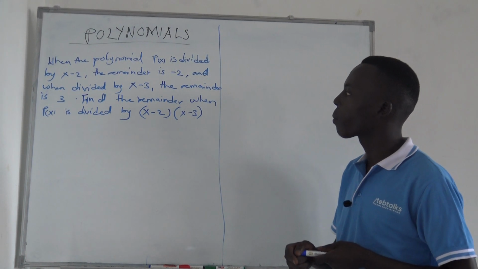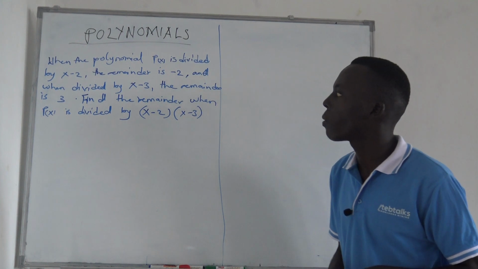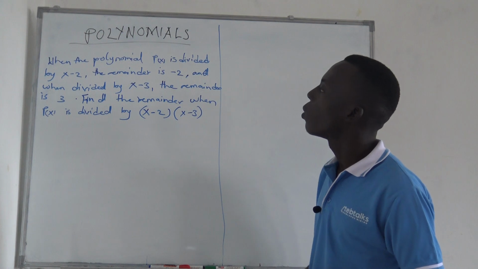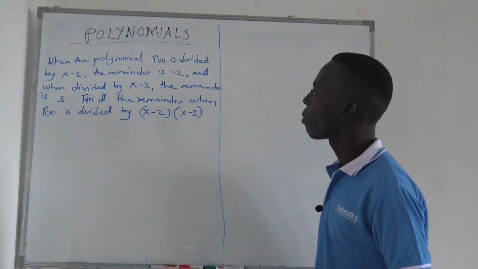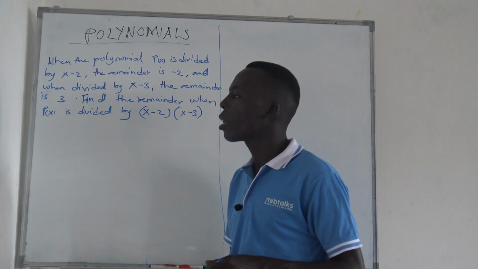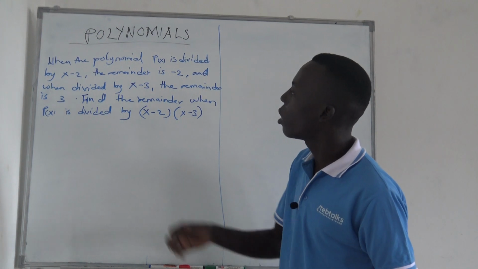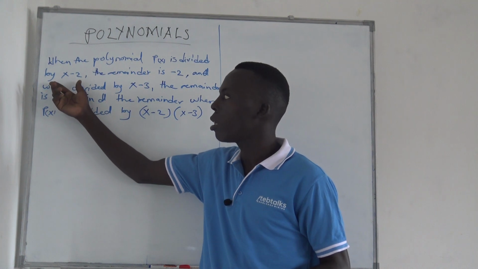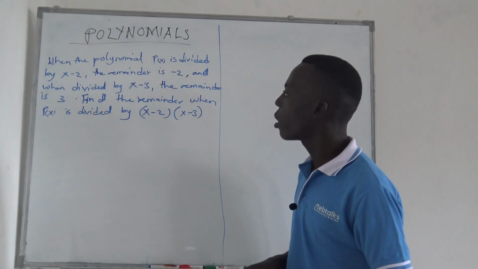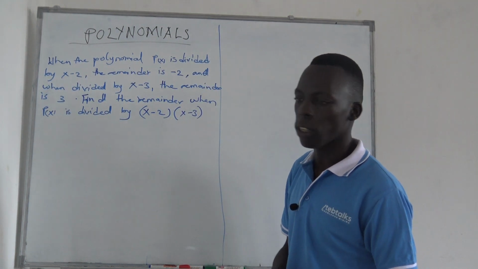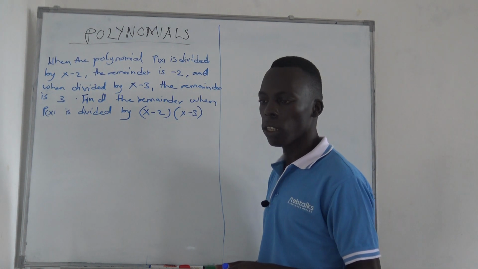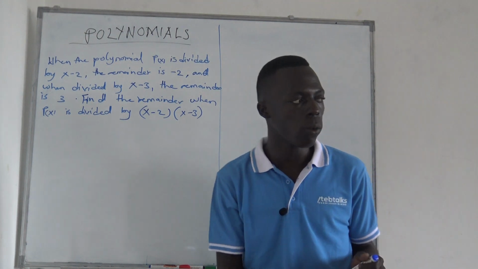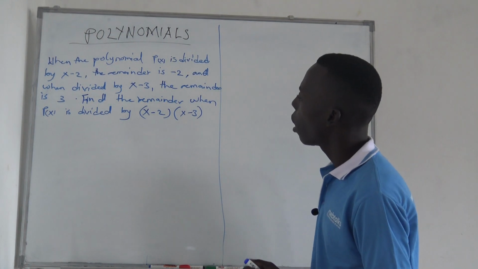So they are saying when the polynomial p of x is divided by x minus 2, the remainder is negative 2. And when we are doing this, the remainder is the one which we equate to, and what is dividing, we write it in terms of x, so that we get the value of x.